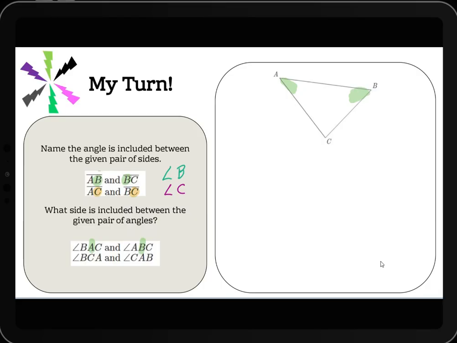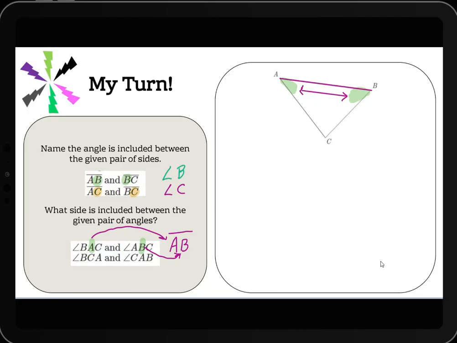I will point out that since those two angles are the ones being referred to, A and B together form the segment which is the included side between the two angles. And you can see that visually on the diagram because the side is between the two angles, but you also can see that A and B together form the endpoints of that particular segment. And so as a result, that has to be the included side.